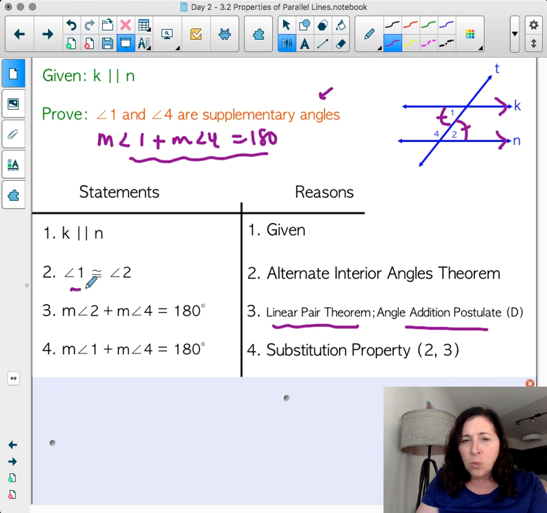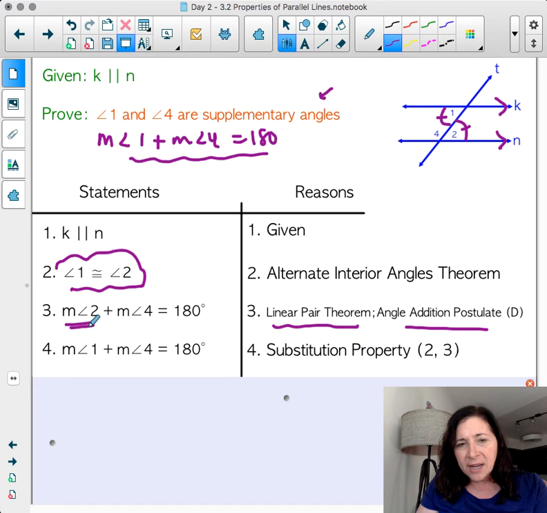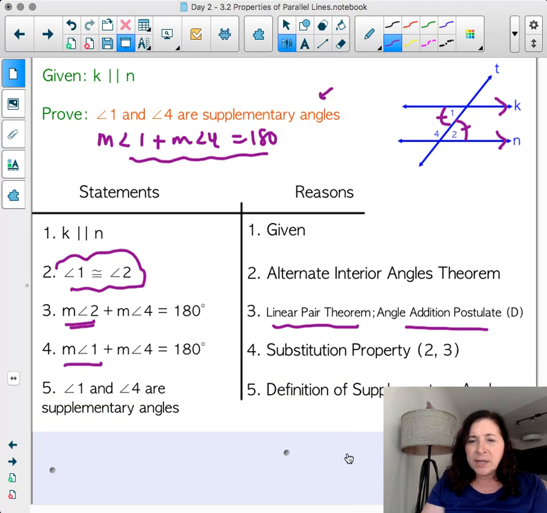If angle 1 is equal to angle 2, and here's angle 2, what I did was I took out angle 2 and I supplemented it with angle 1. So here's angle 1, which before it was angle 2. So that's a substitution property. Now, lastly, I would just say angle 1 plus angle 4 are supplementary angles, and that would be my final step.